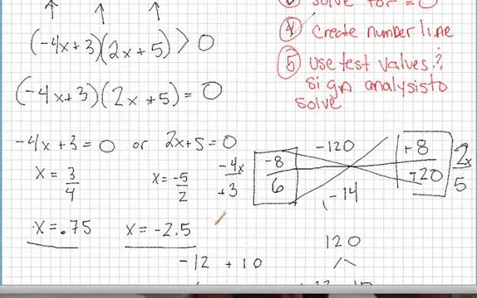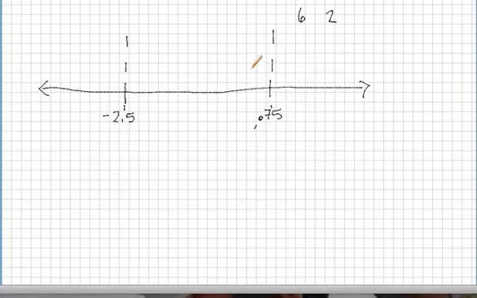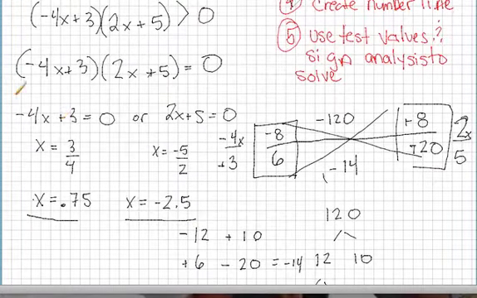So now we're on our last step. Very long process. Hang in there. We're going to use some test values, and then we're going to use sign analysis to solve our equation. So what we have here is a number line divided into 3 parts. I'm just going to pick a convenient number in each of these intervals that I've created, and then plug that number into my factored equation.